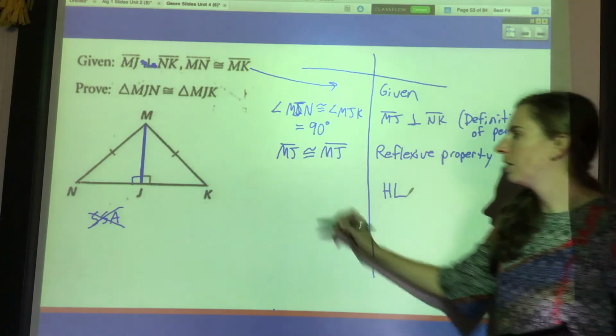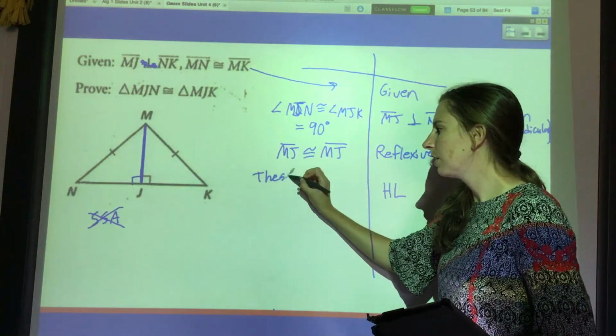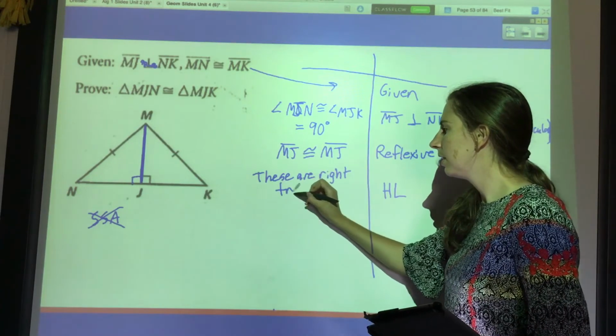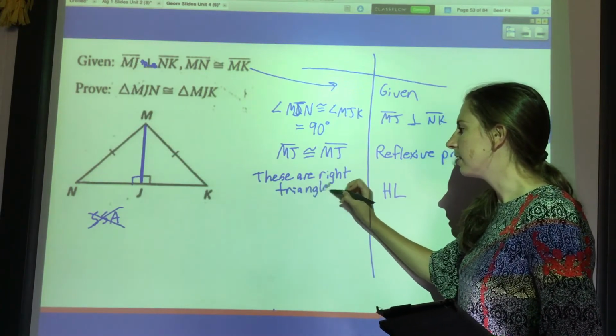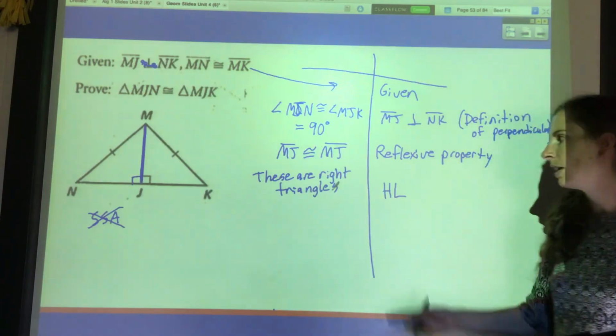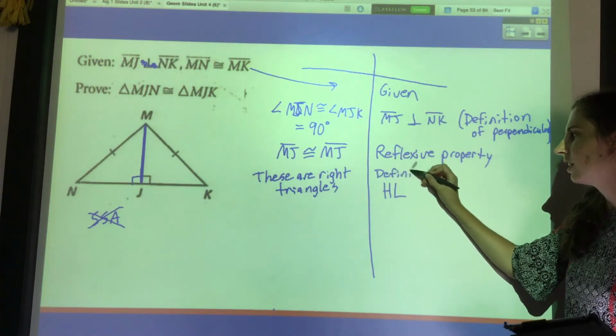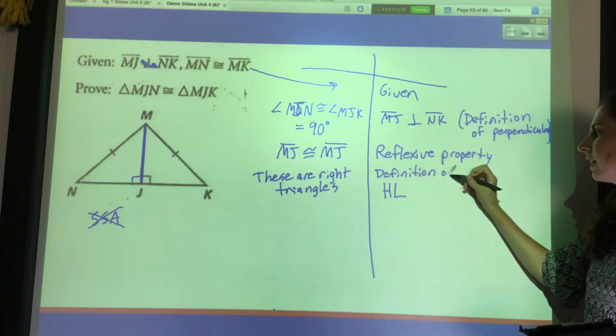I know that these are right triangles, and that's because they have a 90-degree angle in them. The reason for that is the definition of right triangles. I'm kind of going overkill here, but you get the idea.